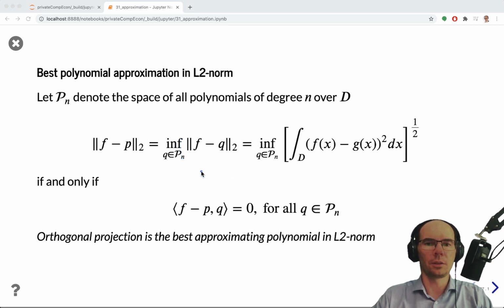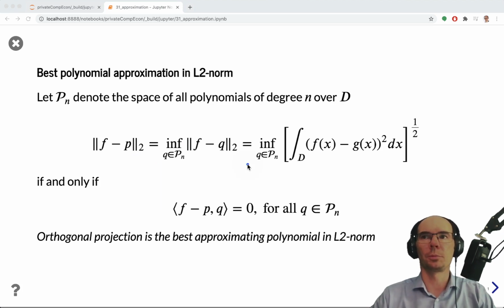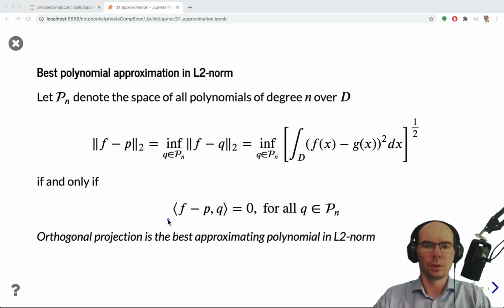Now, the result that we have says that p is the best approximating polynomial from this point of view if and only if the residuals from the approximation, which is the difference between f and p, are orthogonal to all polynomials in the class that we've considered. What does it mean? Imagine that in the space of polynomials there's some basis set of polynomials, and then this is essentially becoming linear algebra.